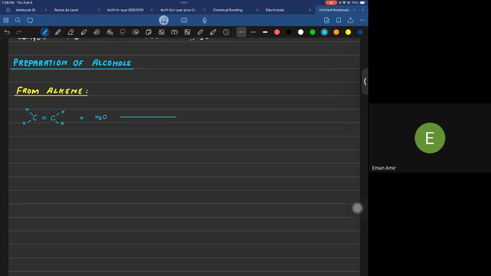This is called hydration. So H and OH would be attached. This is called ethanol, ethanol from ethene.